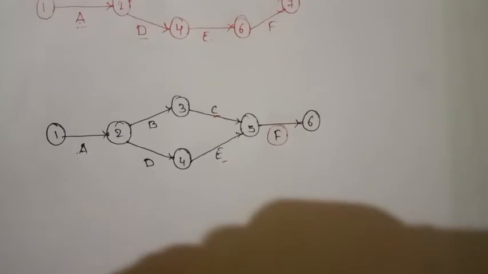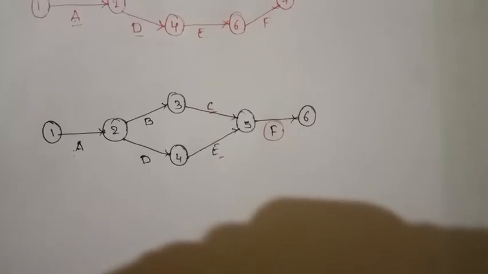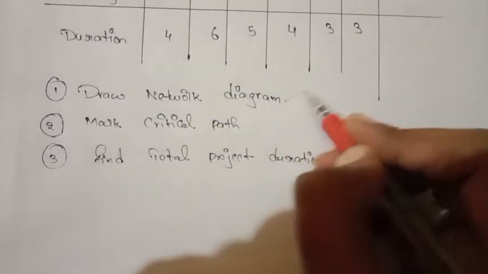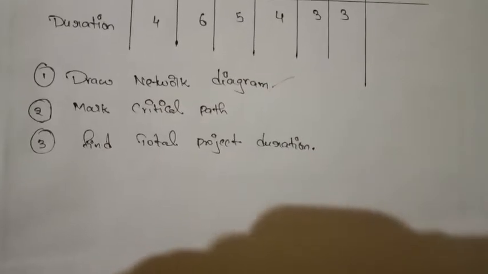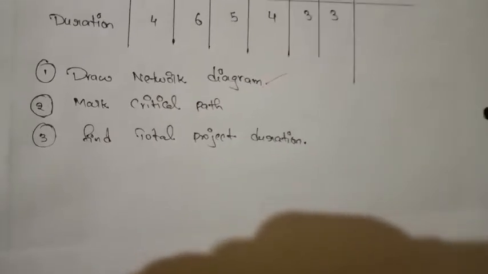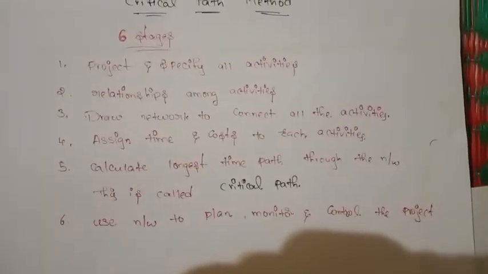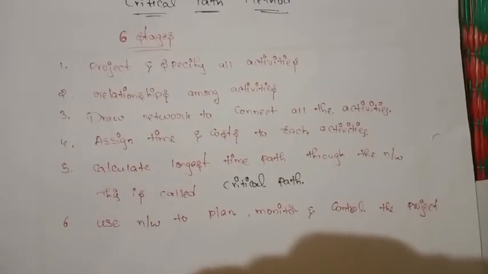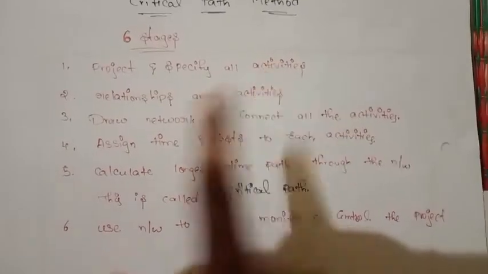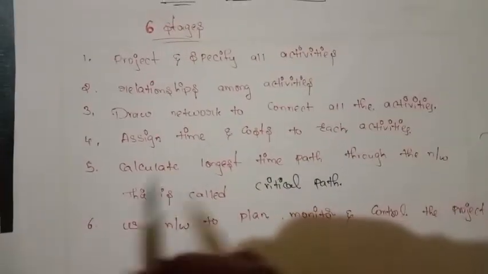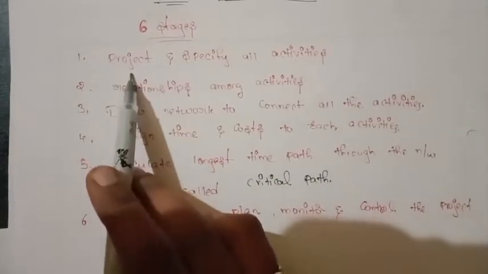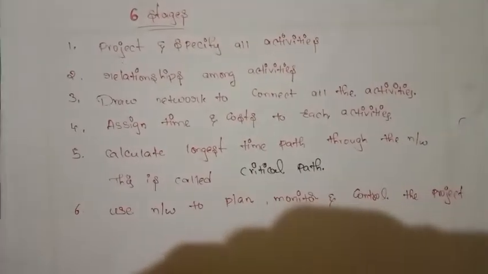So what is the first step, guys? To draw the network diagram, and it is completed. Let us check the steps. What are the 6 steps? This is the first step: we need to develop the project and specify all the activities. That means defining the project and analyzing all the activities they have given.